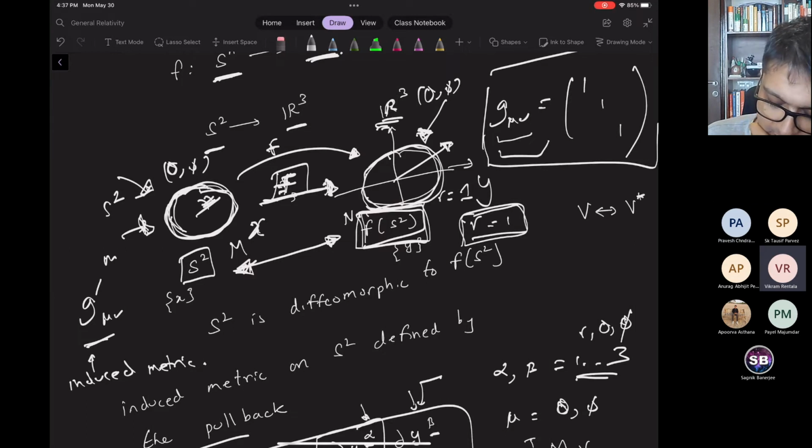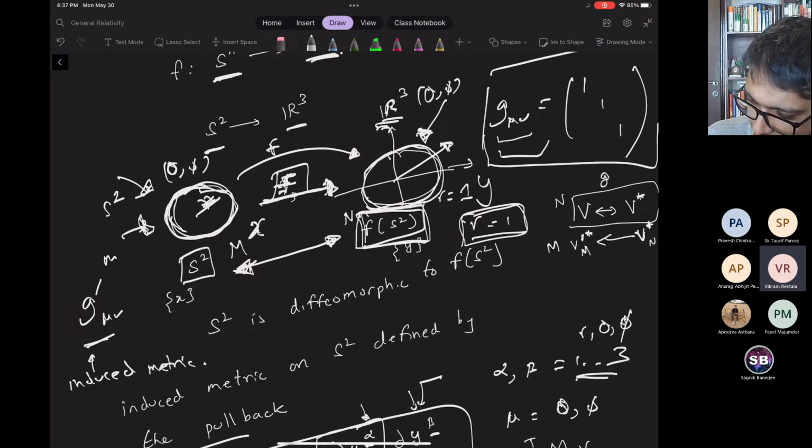And now if I can pull back a dual vector, so these are on an N. This mapping is induced by the metric. If I have a dual vector, I can pull it back to a dual vector on M. This is a dual vector on N, which got pulled back to a dual vector on M. And now in particular, I can pull back the metric also.